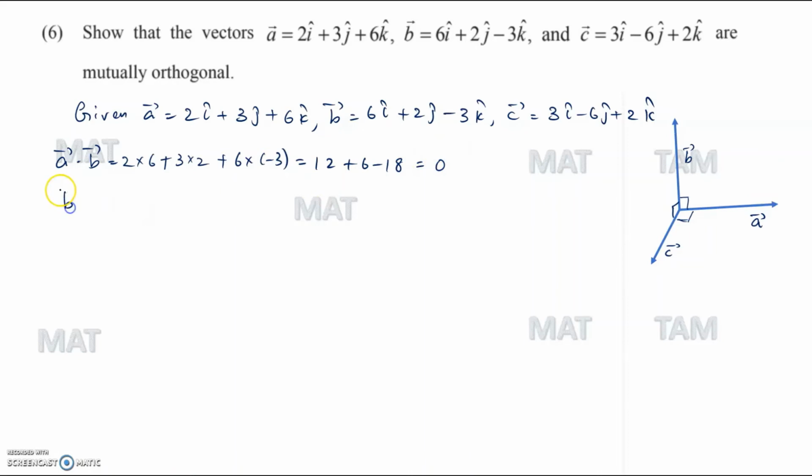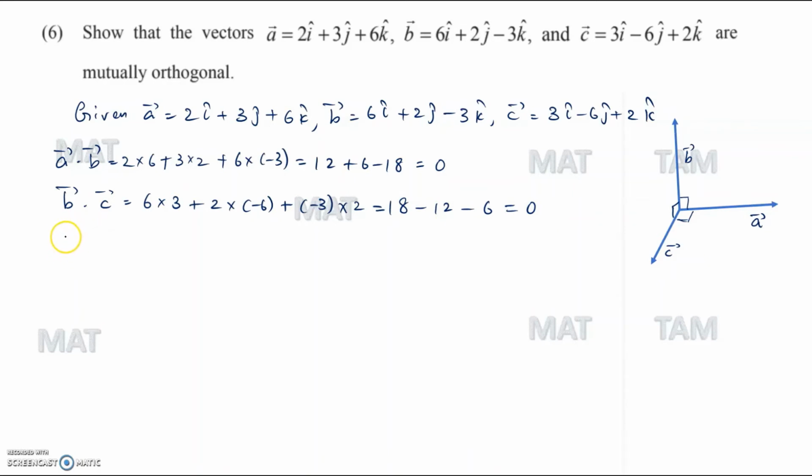Next, let's find B dot product with C, and that will be equal to 6 times 3 plus 2 times minus 6 plus minus 3 times 2. That's equal to 18 minus 12 minus 6, which is again equal to 0.